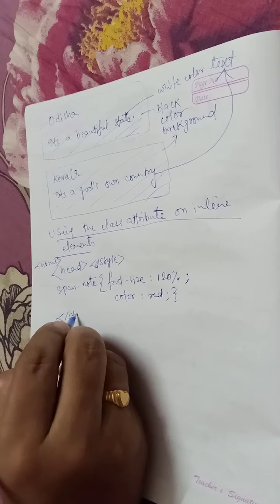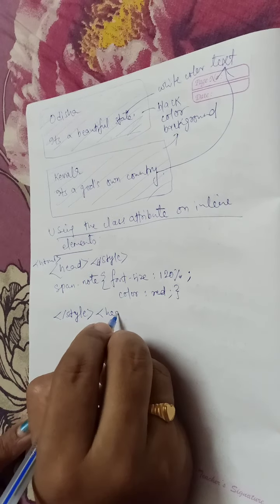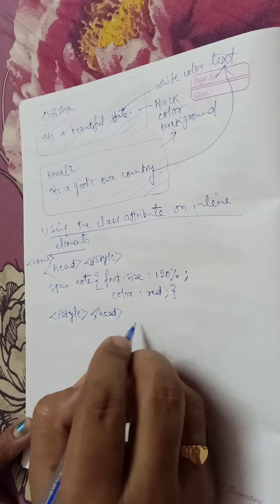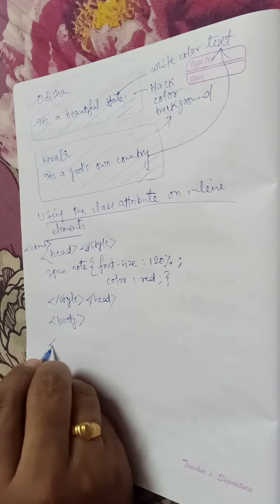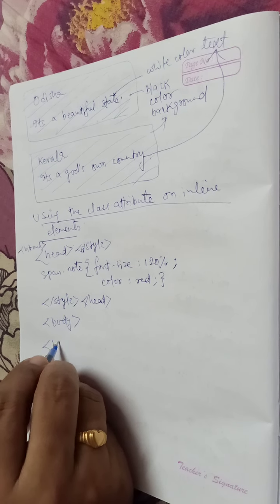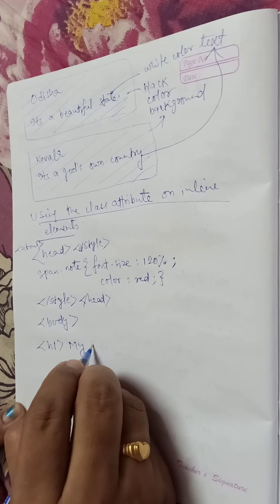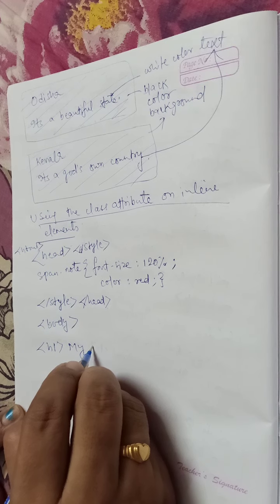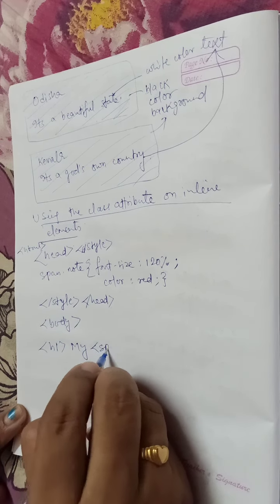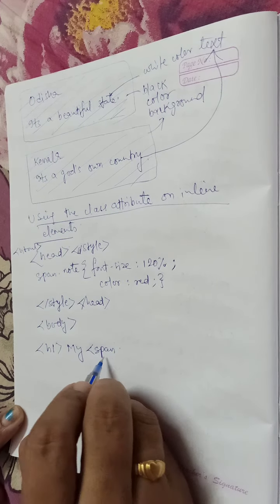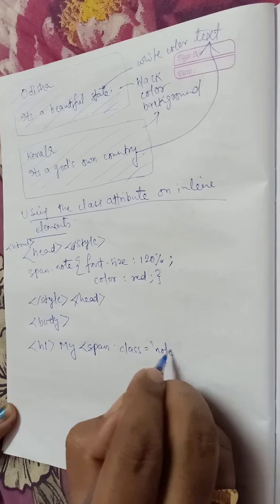Now I'm finishing the style tag, then head is closed. Now we'll start with my body tag. Inside this, suppose I am using a heading again. I am using the span tag we have already discussed, class equal to note.